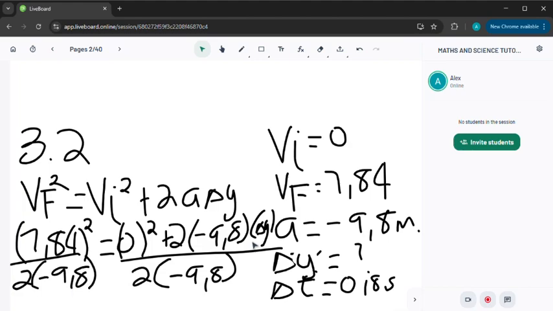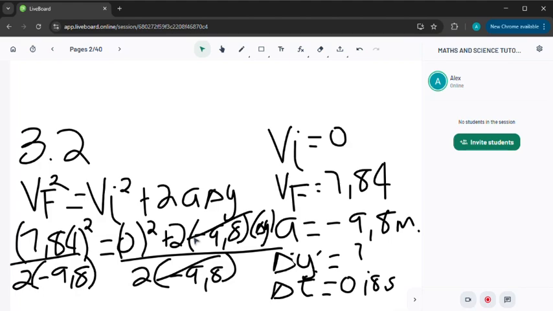This is going to cancel this, right? Remember, 0 squared plus 2 into negative 9.8 delta y is the same as 2 into negative 9.8 delta y. That's why I'm avoiding unnecessary calculation.